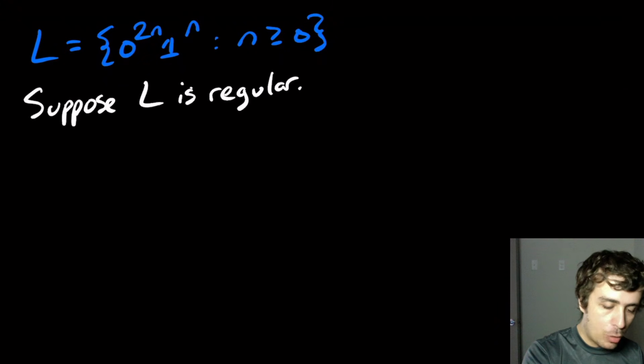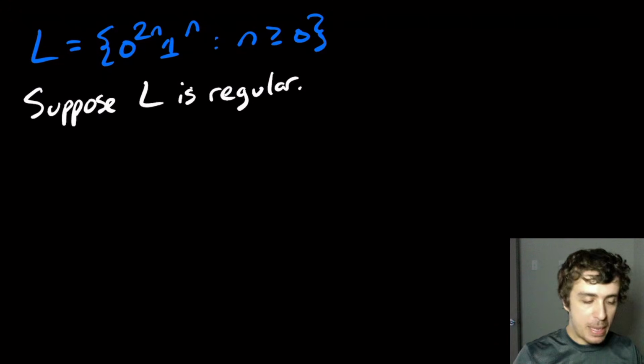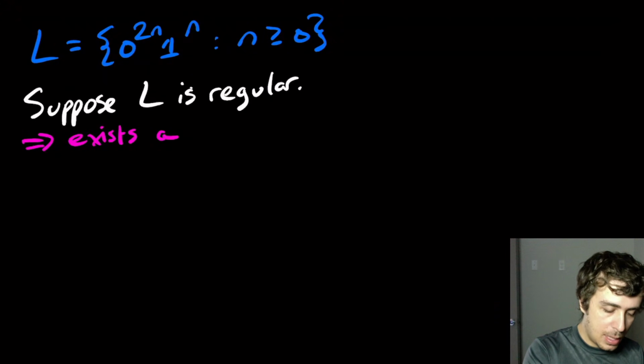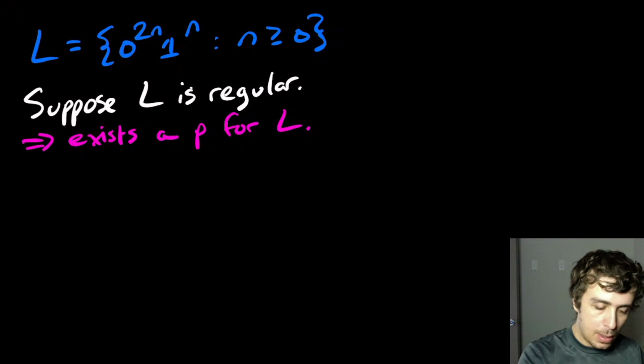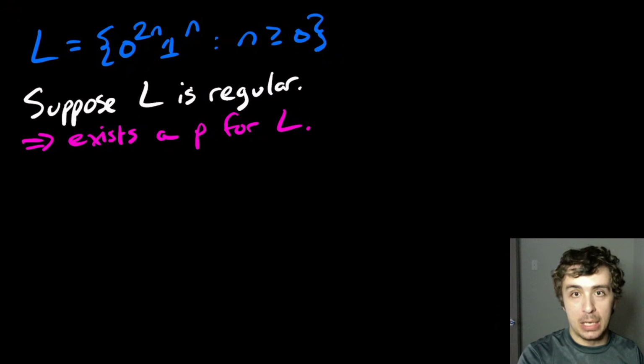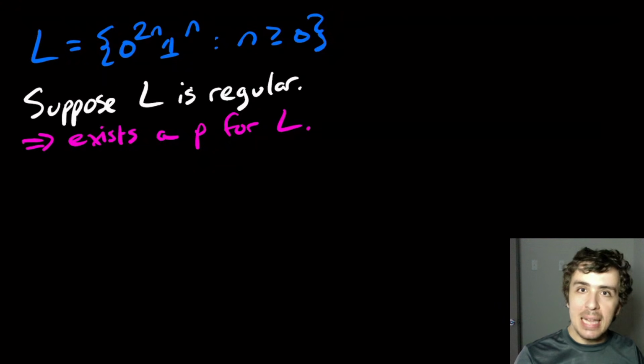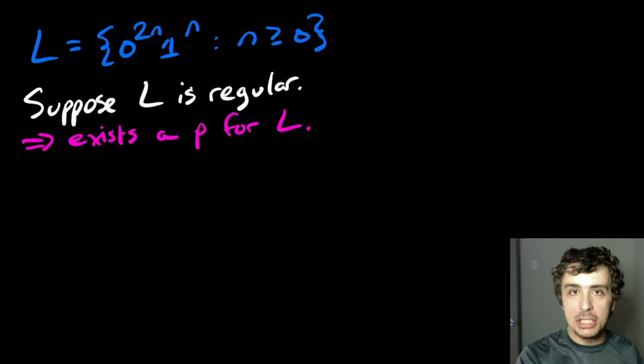Then, as always, we know that there is a pumping constant p for this language. So there exists a p for this language. I'm just shorthanding saying pumping constant here. Well, now we need to pick a string that's in the language and has length at least p.